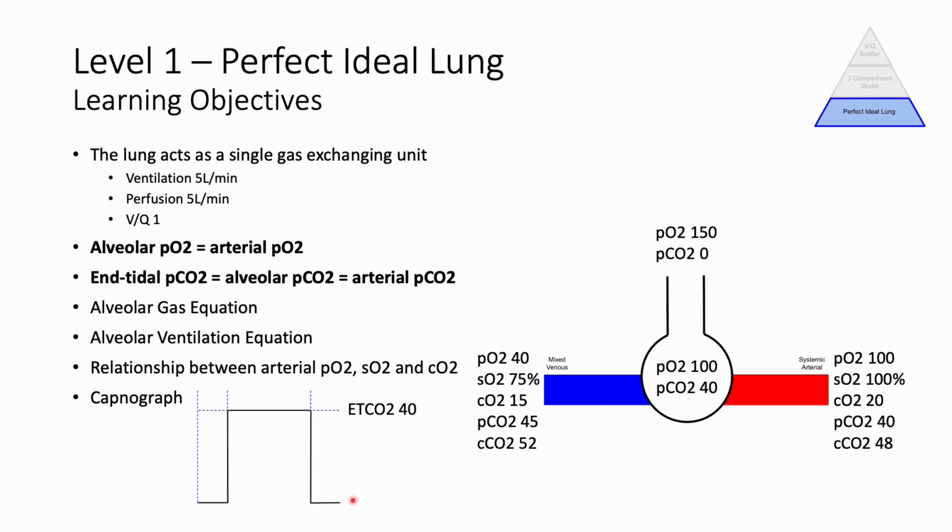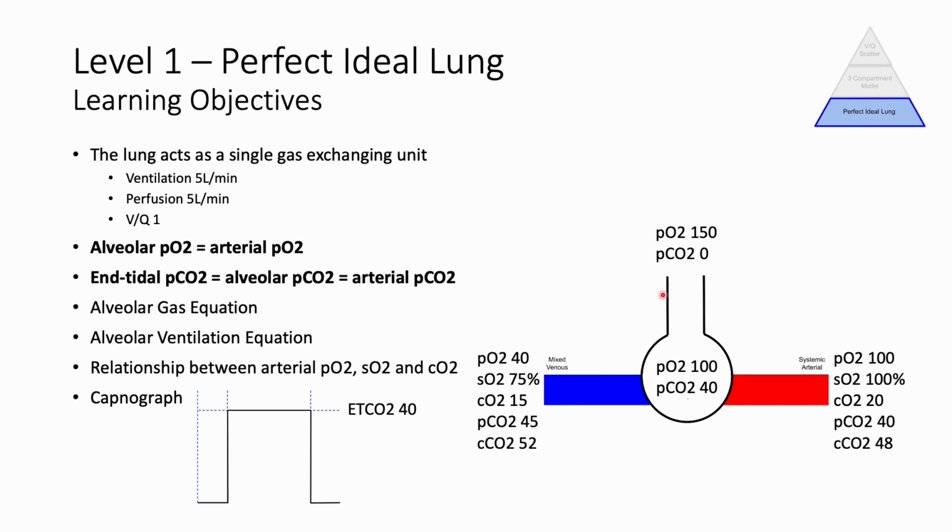So let's think about what's happening on expiration. So the first gas that comes out is the anatomical dead space gas, which doesn't contain any CO2. So this is phase 1, the start of expiration, which is the anatomical dead space gas coming out with a CO2 of 0. And so it's a very common mistake for people to say that expiration starts when CO2 starts coming out, but this is incorrect.